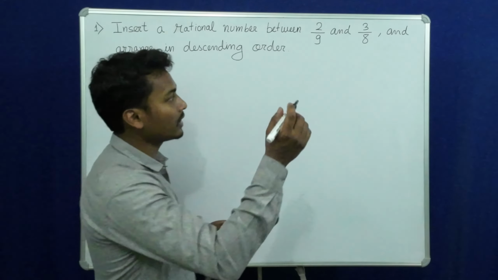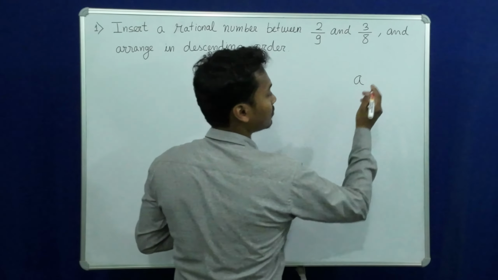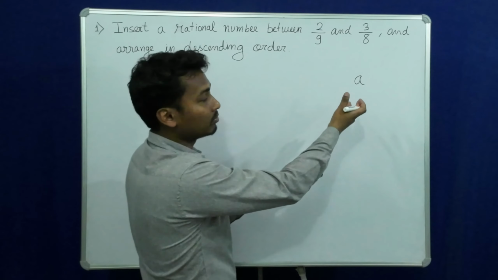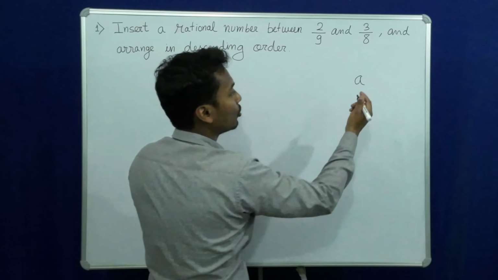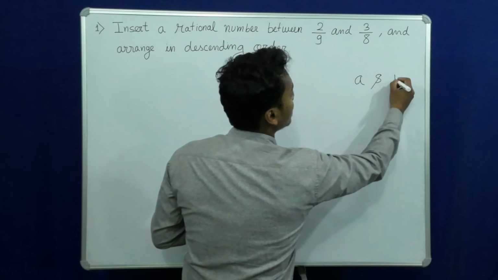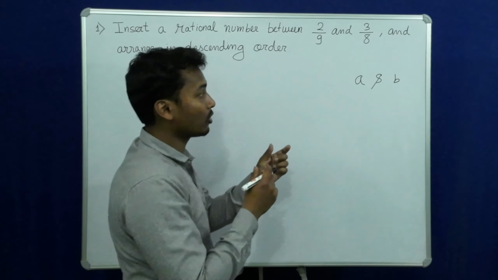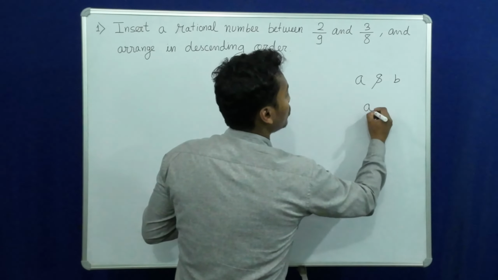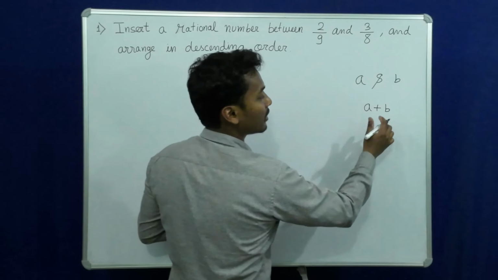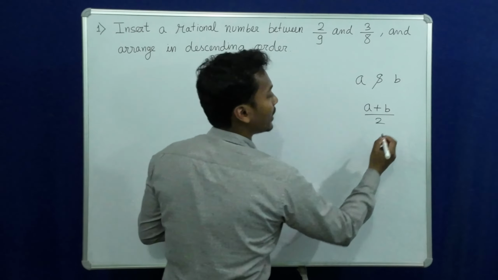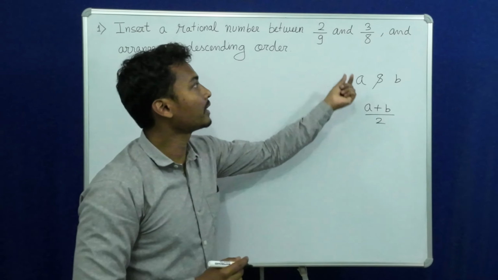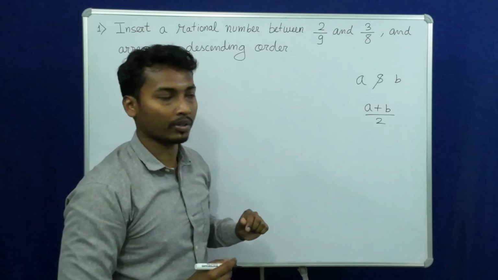Okay, so let's say if a is a rational number, 2 by 9 is a rational number, so let's assume that a is 2 by 9. So if a is a rational number and b is also a rational number, then in order to find a rational number between them, we can do the sum of the two rational numbers and then divide the whole expression by 2. So we will get a rational number exactly in between these two rational numbers.